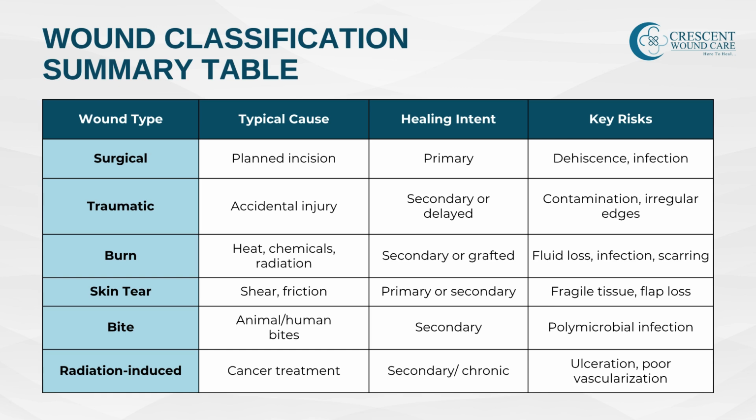Radiation-induced wounds develop as side effects of cancer therapy. These often become chronic, with complications like ulceration and poor perfusion. Understanding these distinctions ensures that we choose the right dressing, escalate care appropriately, and ultimately help wounds move forward, not backward, on their healing journey.